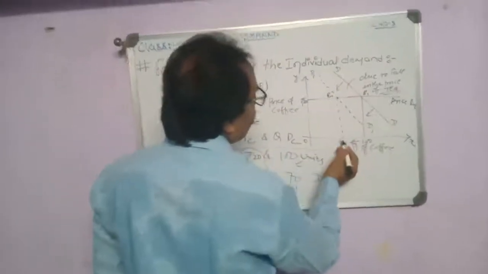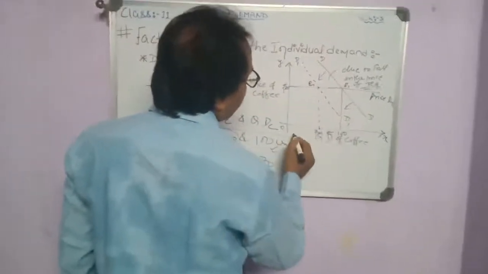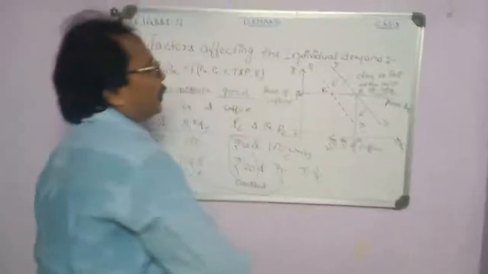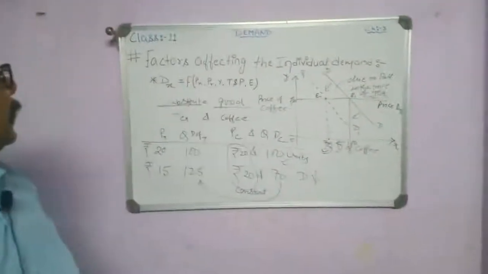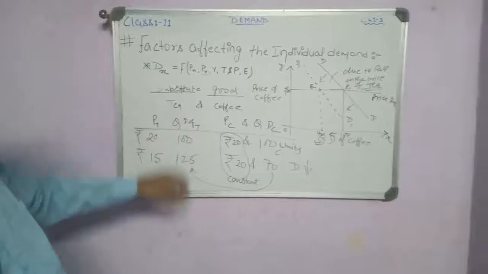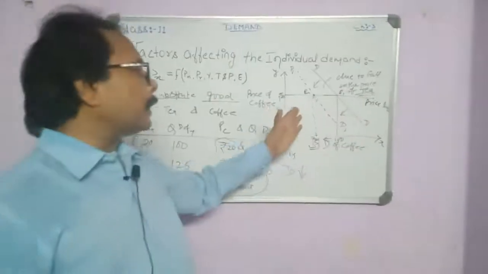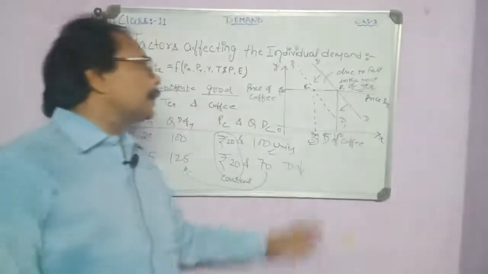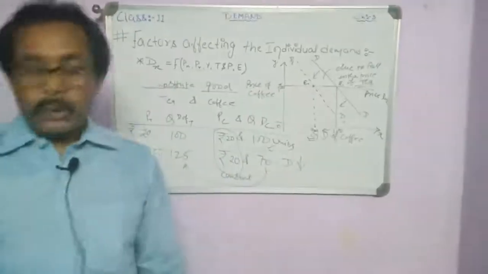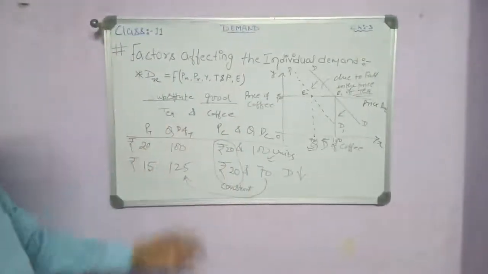So the new quantity is determined at this point, that is 70. So in this way we can say the change in the price of substitute goods directly affects the demand of other substitute goods and vice versa.